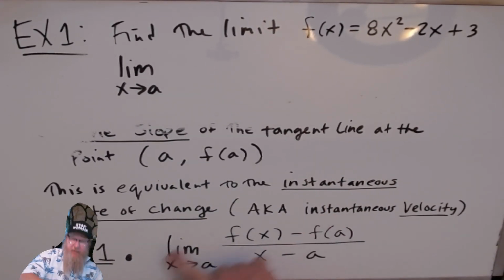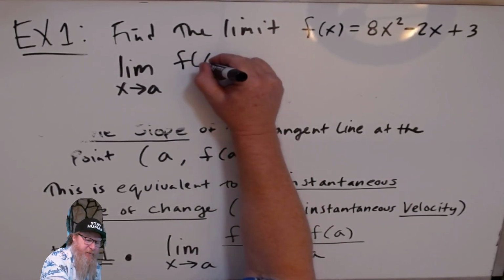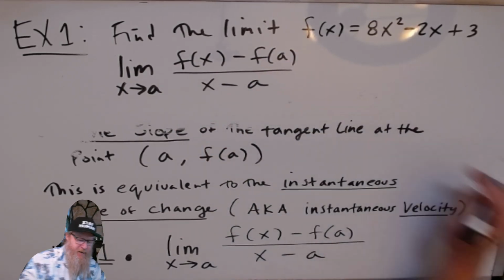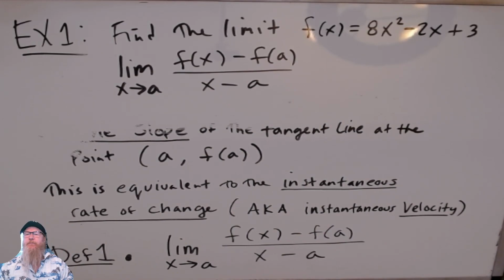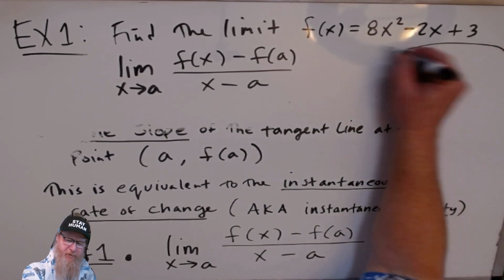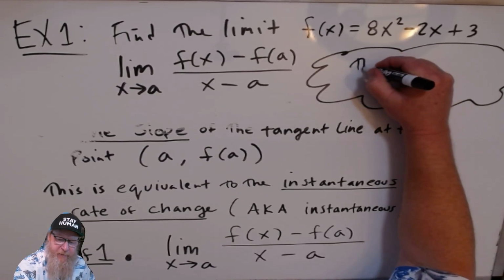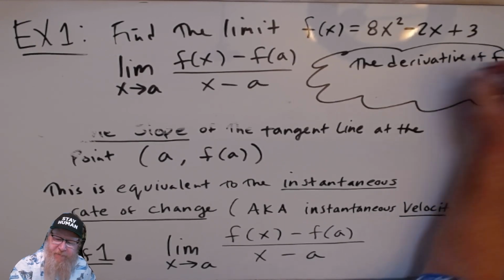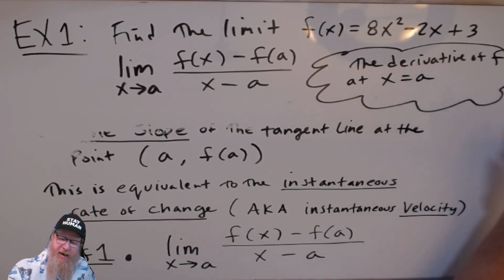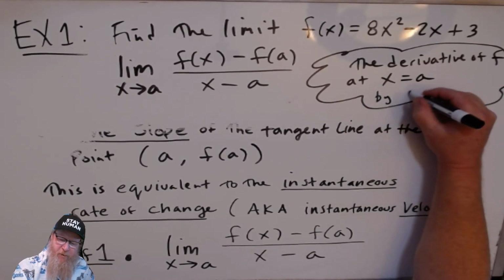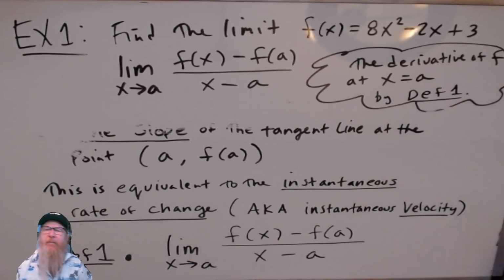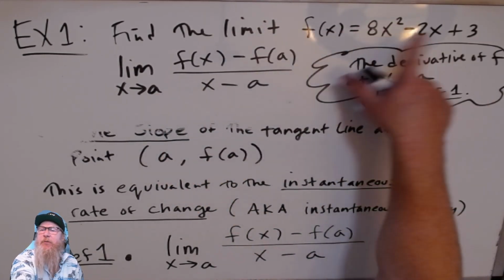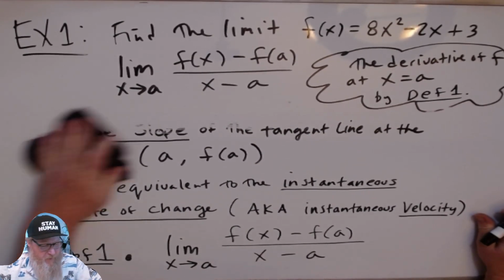And then let's find the limit in this definition here. f of x minus f of a over x minus a. So in other words, I'm just going to find the derivative of f at x equals a by definition 1. So we're using this first definition to find the limit as x approaches a for this particular function.